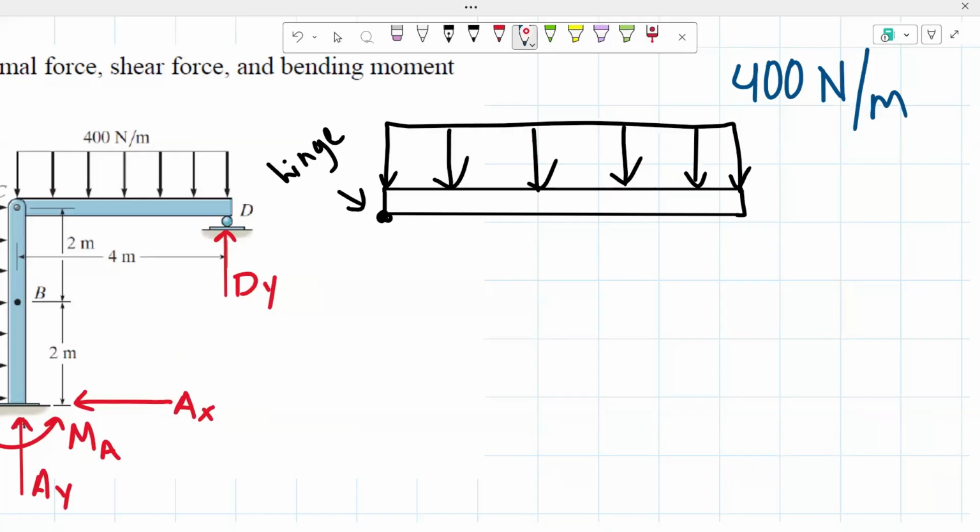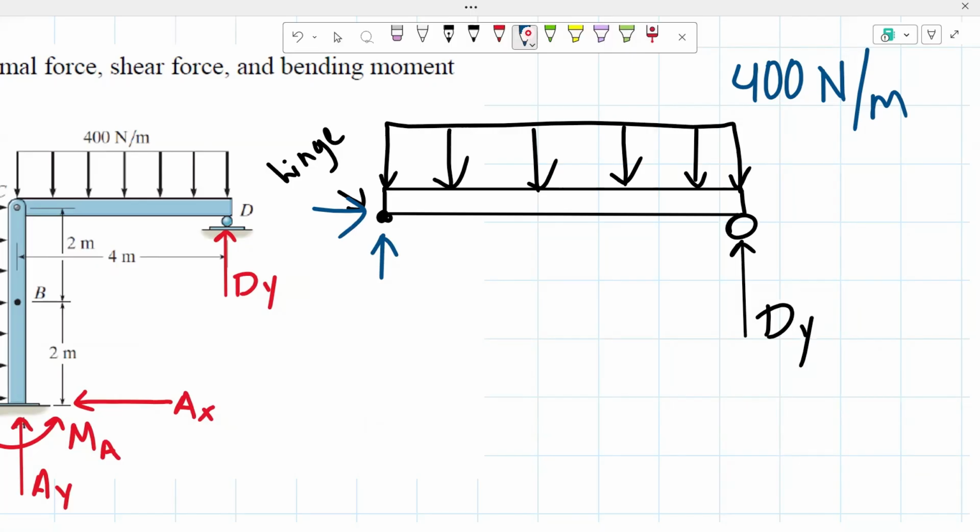And we have our roller support right here, where I'm assuming the reaction, D sub y, will be going upwards. A hinge support is kind of the same as a pin support, so there are usually two reactions there, a vertical reaction and a horizontal reaction. But I don't really want to deal with those.